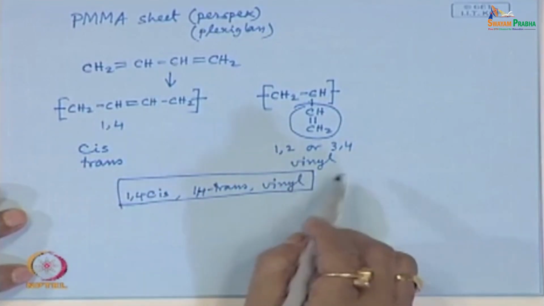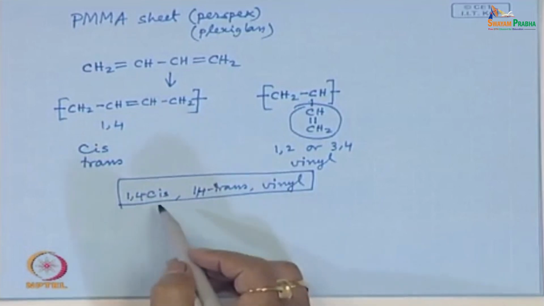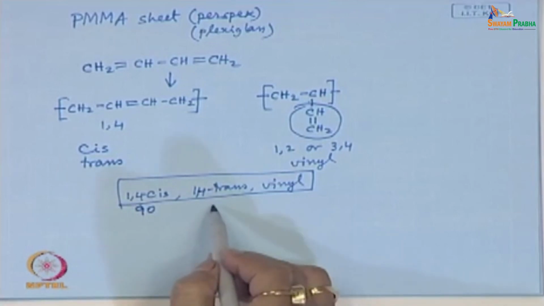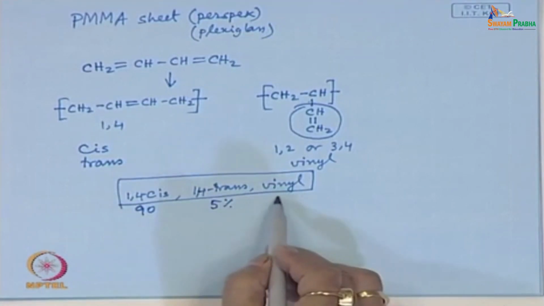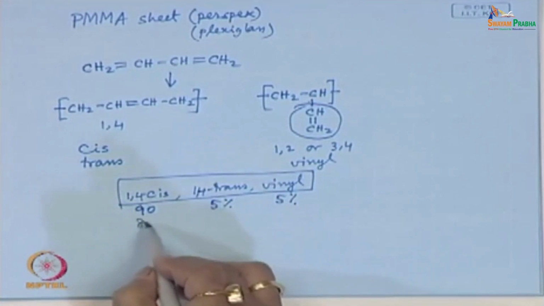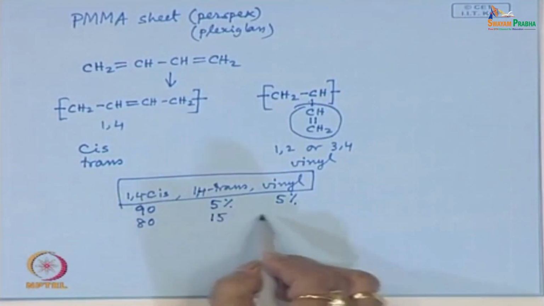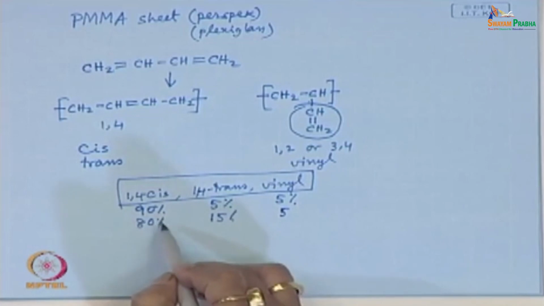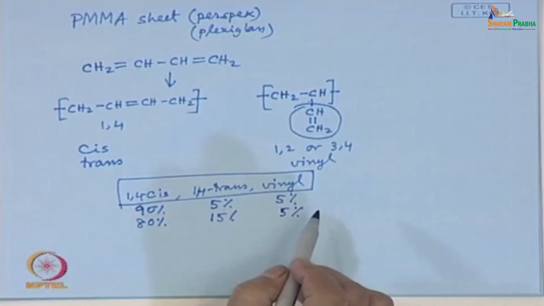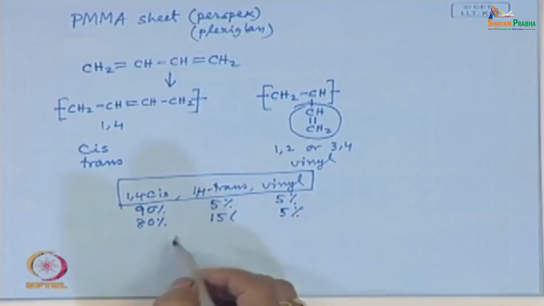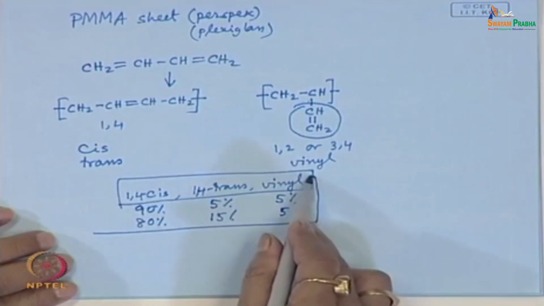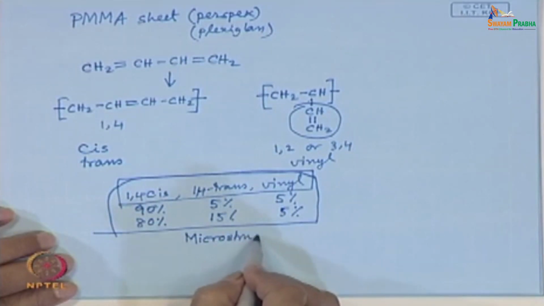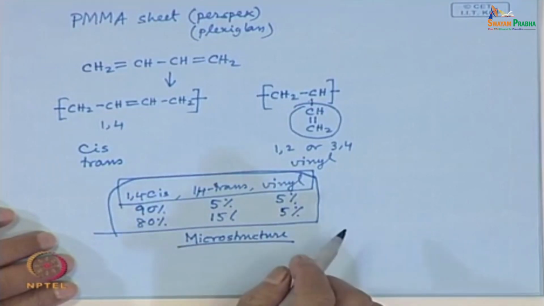Now, this composition, you may say the maximum may be 90%, it may be 5%, it may be 5%, or it may be 80% and say 15%, it may be 5%, like this. So, overall looking at this composition, this will control the polymer microstructure.